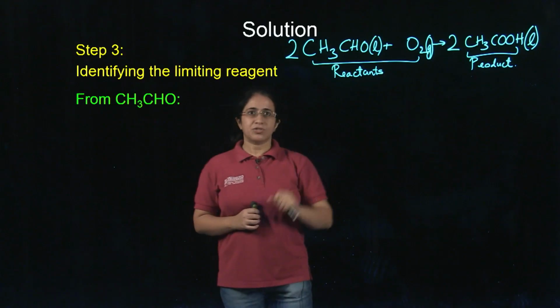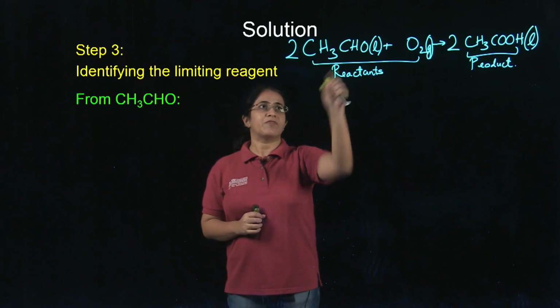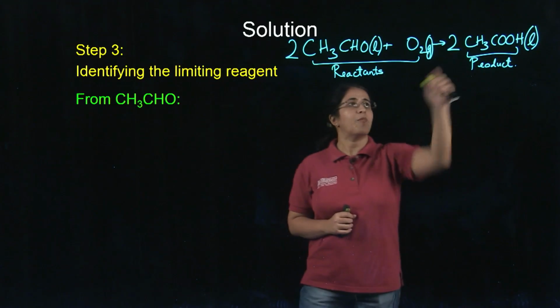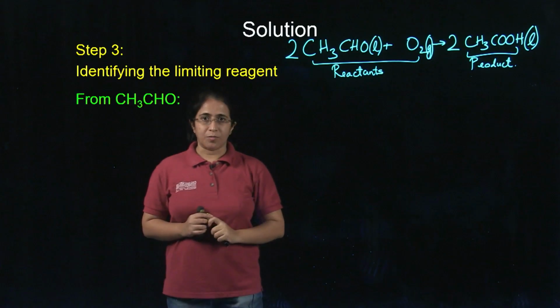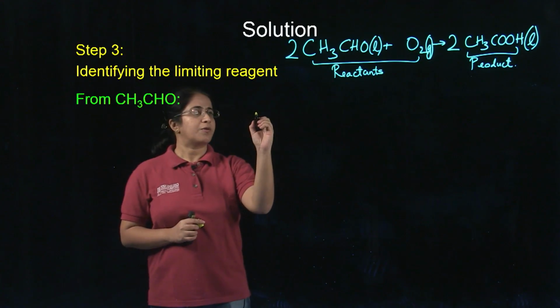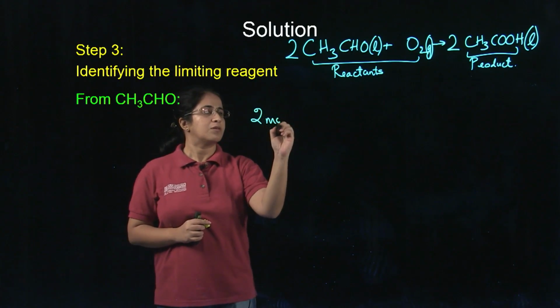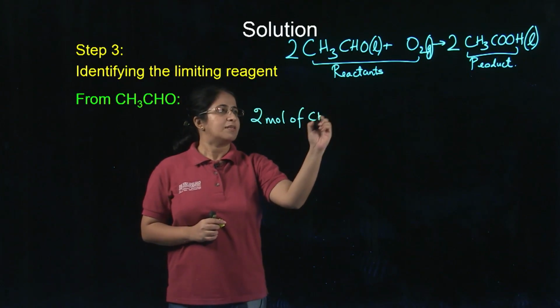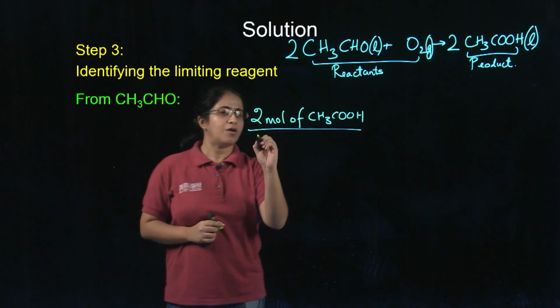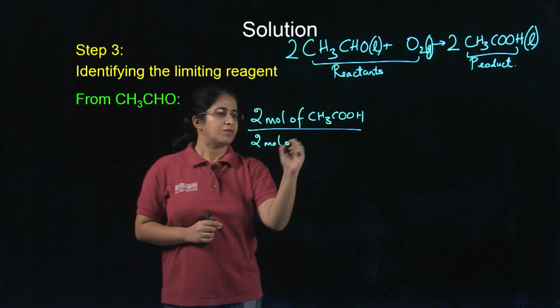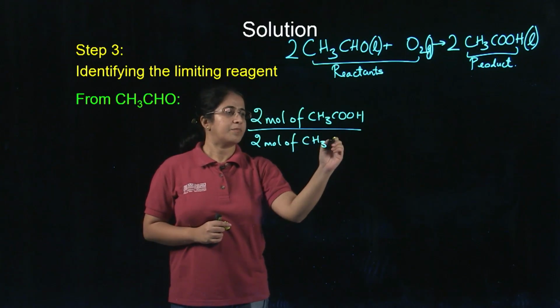If you look at the reaction stoichiometry, 2 moles of acetaldehyde gives 2 moles of acetic acid. So let's write this down in the form of a ratio. Okay, so here we go. So you are going to get 2 moles of acetic acid from 2 moles of acetaldehyde.